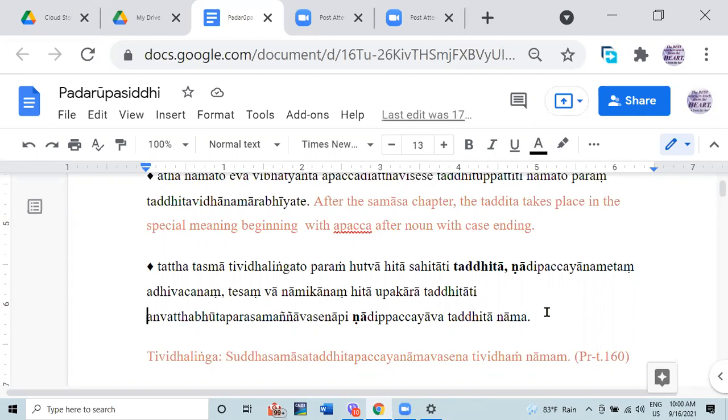For example, a woman is poor, but her name is Bhudana. She has no money, no property, but her name is Bhudana.